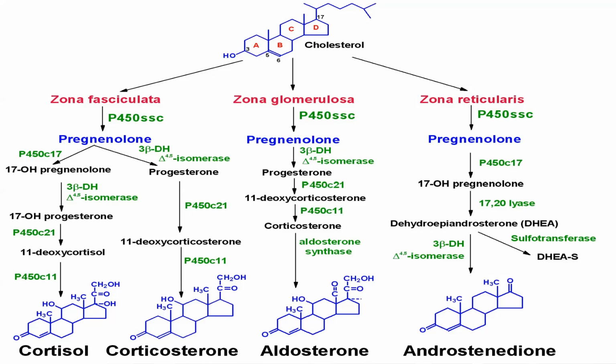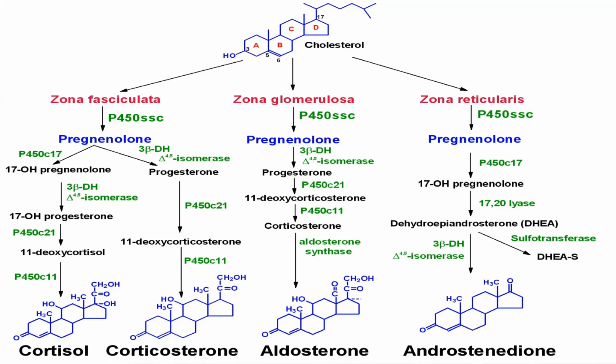Okay. If you are going to take a look at this, yung conversion ng ating cortisol in the zona fasciculata, zona reticularis, and zona glomerulosa are all just the same. They are being metabolized or synthesized with the help of enzyme P450 to convert it into pregnenolone. However, different enzymes will convert the pregnenolone in different zones of our adrenal cortex.